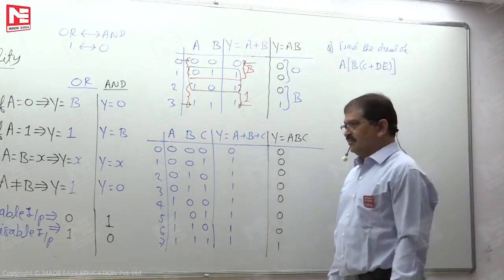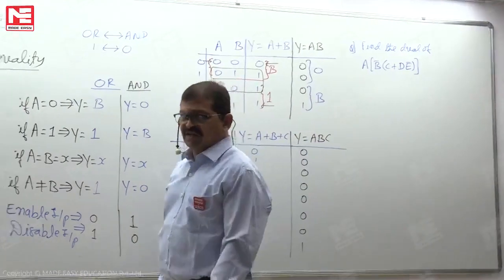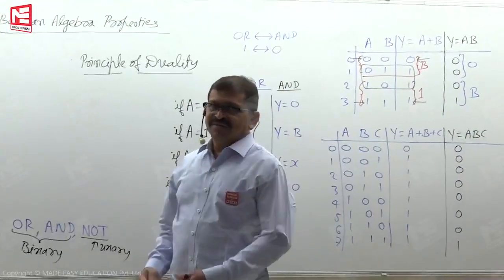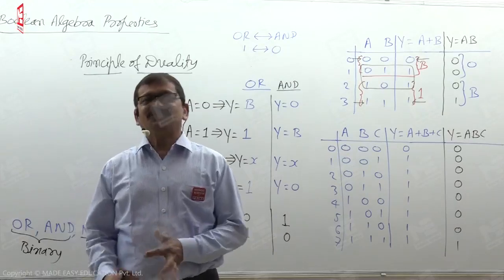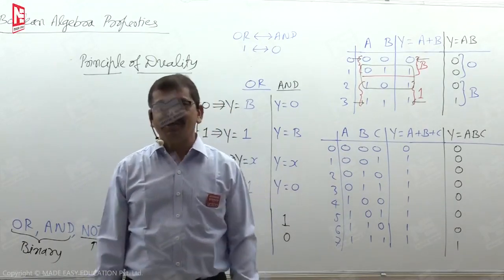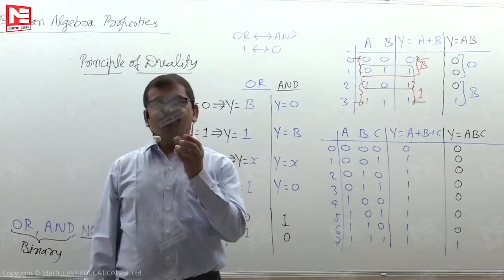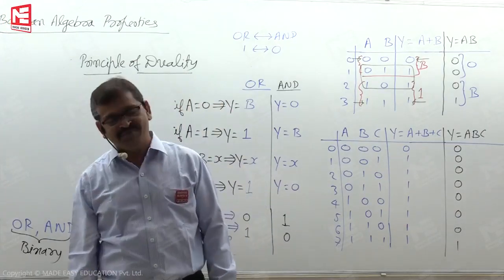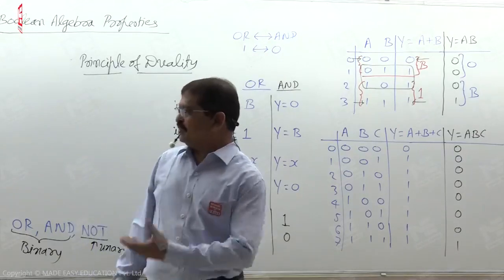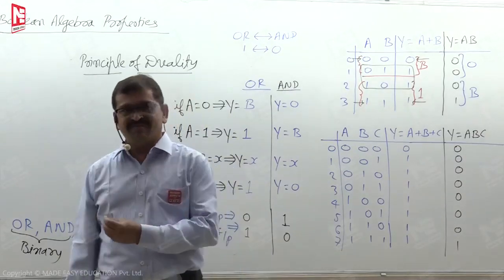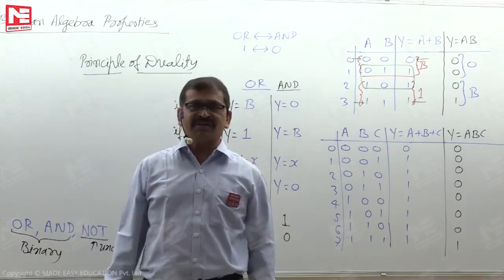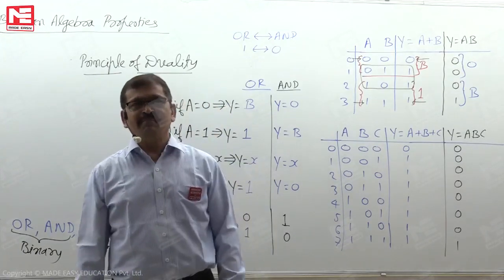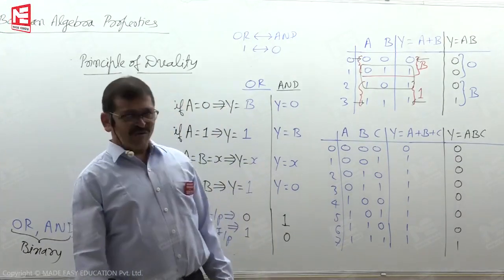You can try this, but while trying, be careful. Don't get confused between the dual operation and the De Morgan's operation. Both are different. Anyway, in due course, after a little time, we will look at what the De Morgan's property is. But be clear, both are not the same.